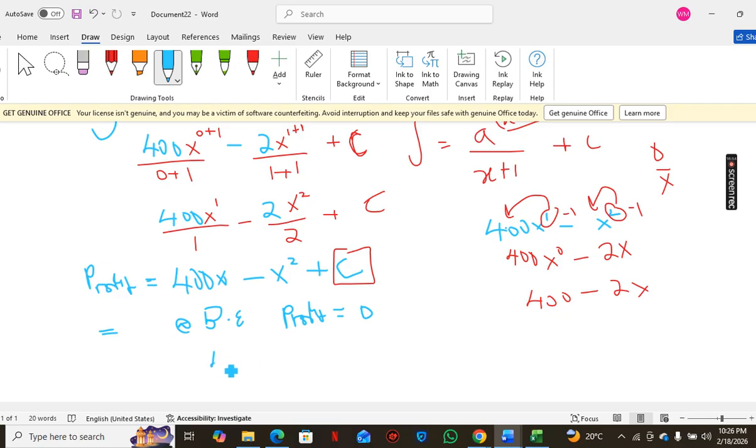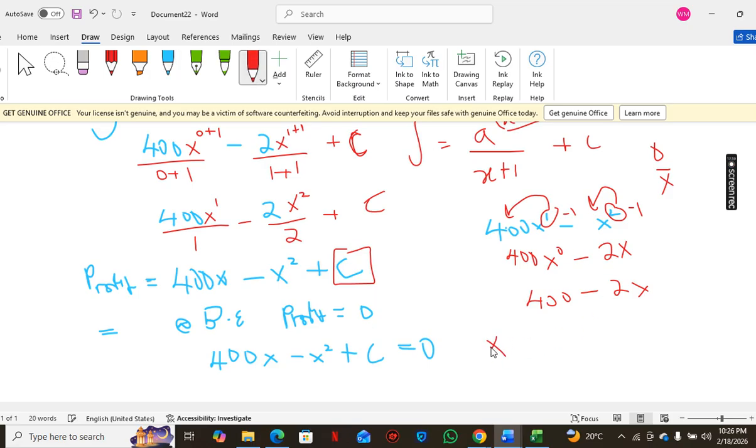So we're going to have our profit function here, 400x minus x squared plus c equals 0. They told us he breaks even when he sells 10 units.